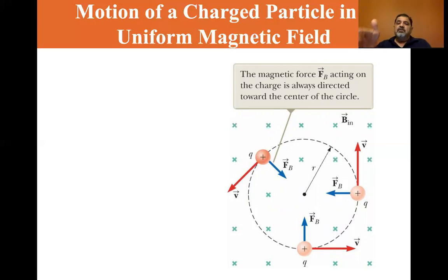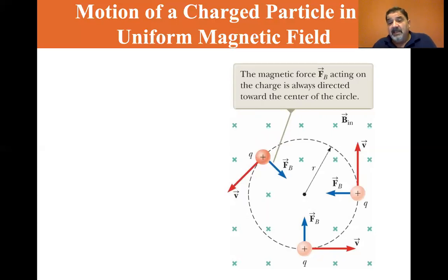Now let's move it around, and the magnetic field is this way, the velocity vector is this way, so the force is inward. And if we go to the bottom, the magnetic field, the velocity, and the force is upward. And you can see that this particle that is traveling is trapped.